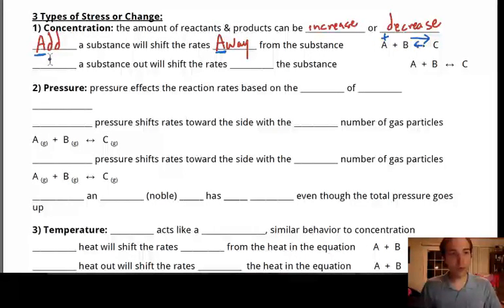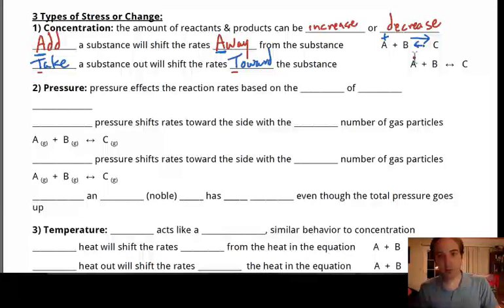Okay, now let's say we want to remove A. We could put remove here, but I don't like the word remove. The word that I like is take. To take a substance out will shift the rates toward. And again, this goes back to having a trick. So I think of add away, AA, and then I think of take, the T in take, as standing for toward. So T for T. Take toward.